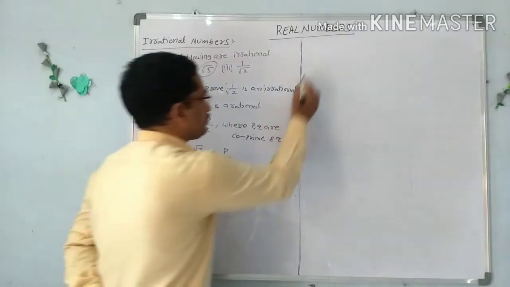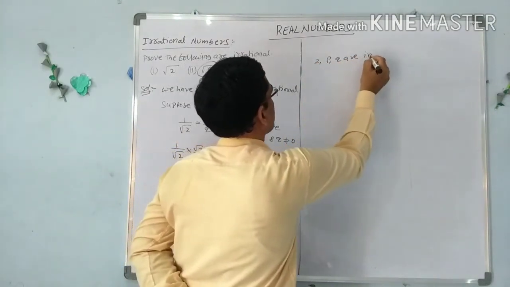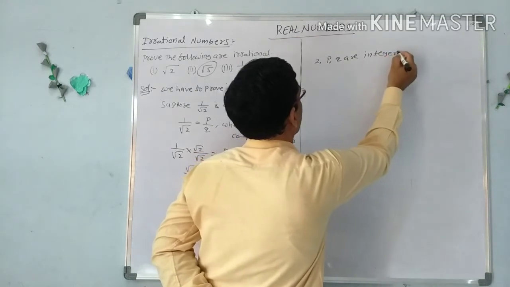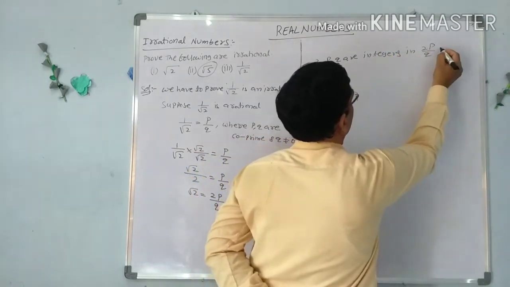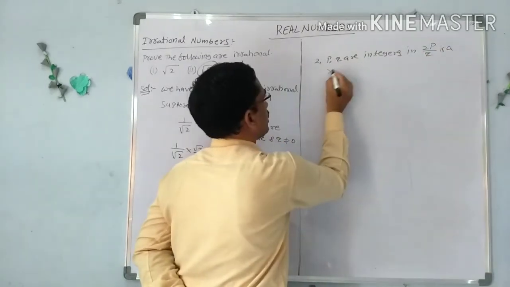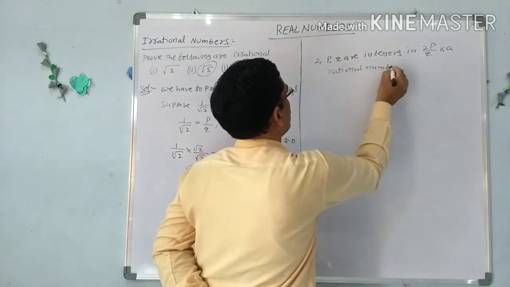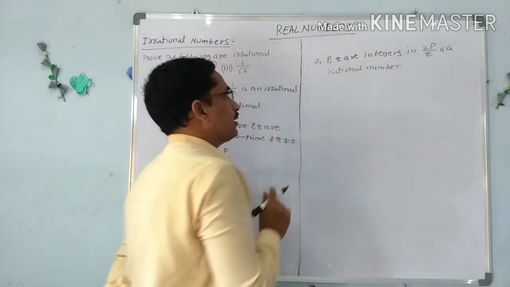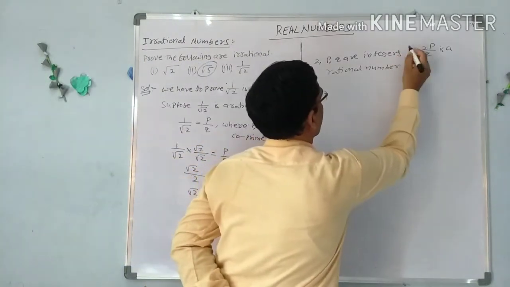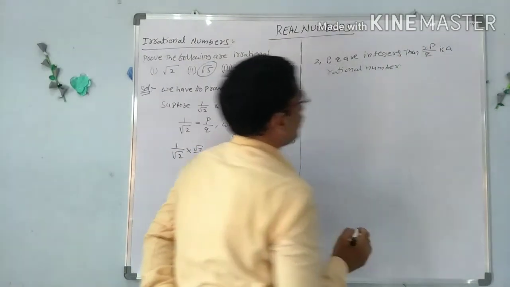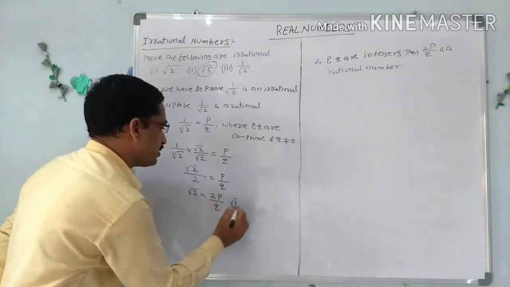Now 2, p, q are integers, then 2p by q is a rational number. Call this equation 1.